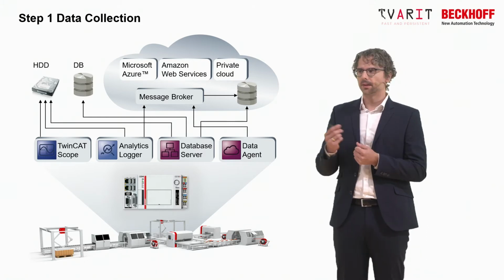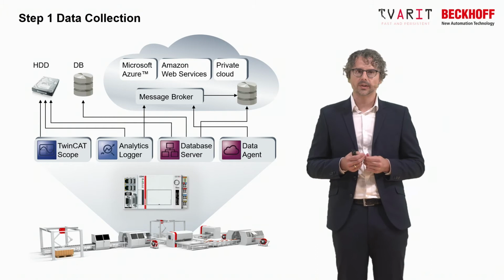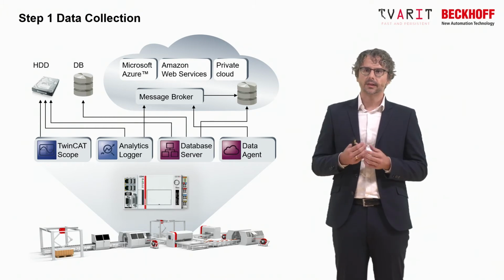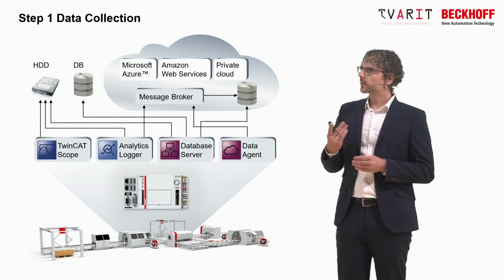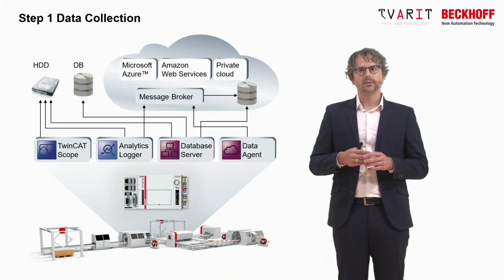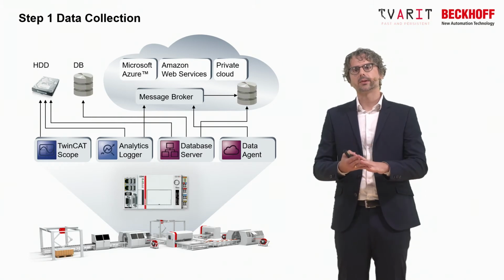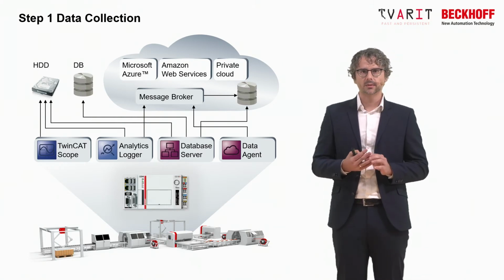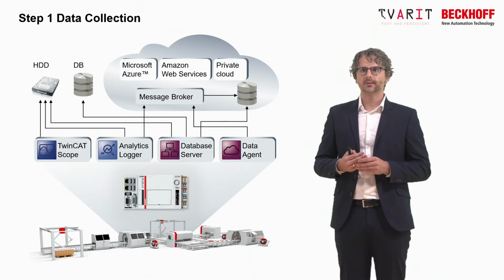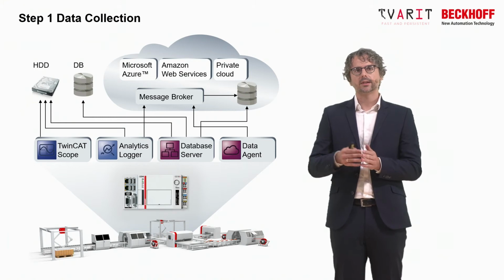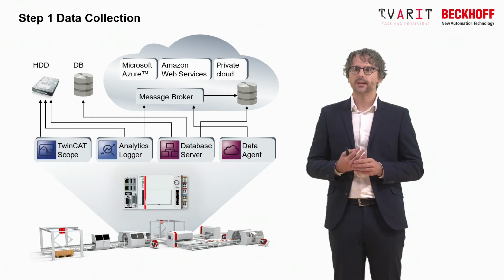We have, for example, TwinCAT Scope, which can log, for example, CSV files or TDMS files. We have the Analytics Logger, which is able to, first of all, log in a binary format, but then offers you the possibility to convert to computer-readable and standard file formats. We have the Database Server with standard connectivity to standard SQL and NoSQL databases.